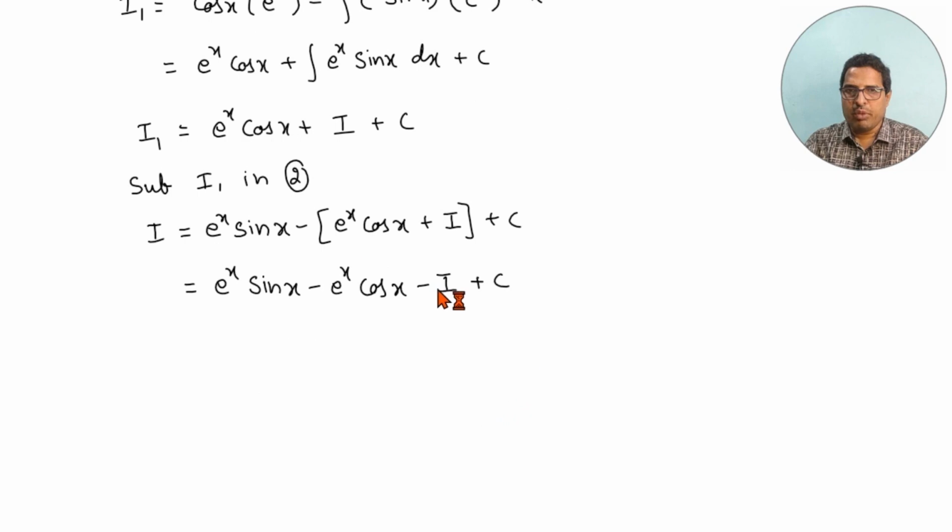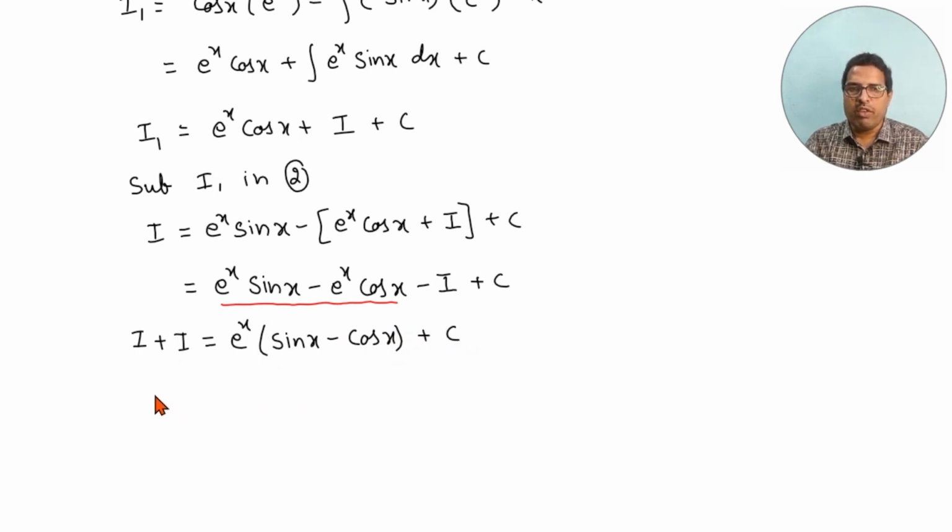You can take this minus I on the other side, it becomes plus I. So I plus I will be equal to e to the power x. We can see that in these two terms e to the power x is common. So if I take e to the power x as common, I will be left with sin x minus cos x plus the constant of integration c.